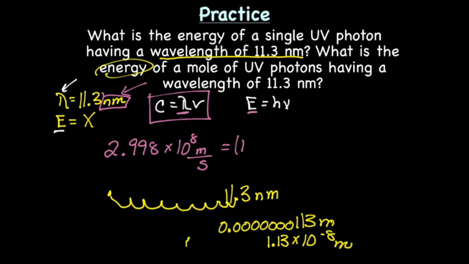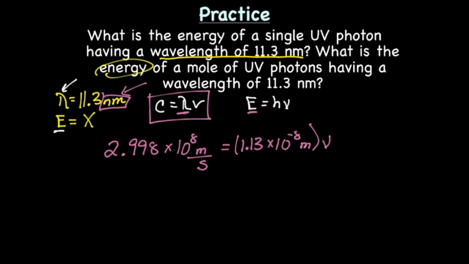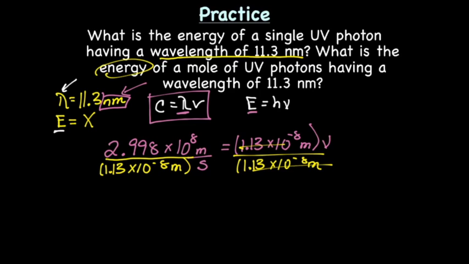So 1.13 times 10 to the negative 8th meters times the frequency. So to get the frequency by itself, we need to divide both sides by 1.13 times 10 to the negative 8th meters. Allowing our meters to cross out, we're left with seconds.